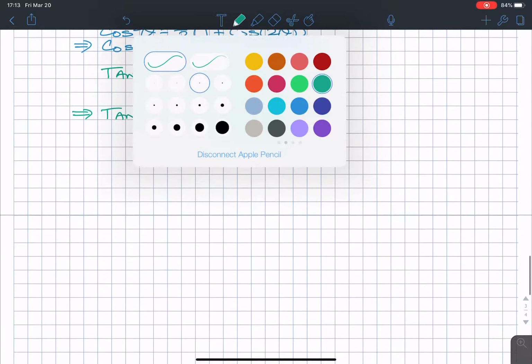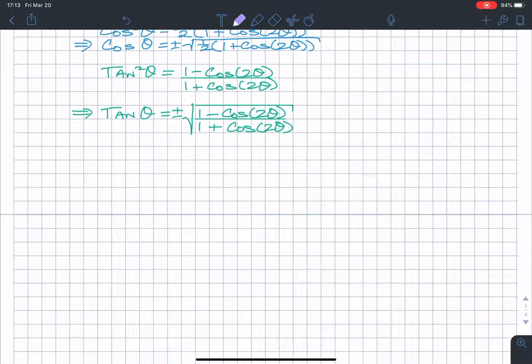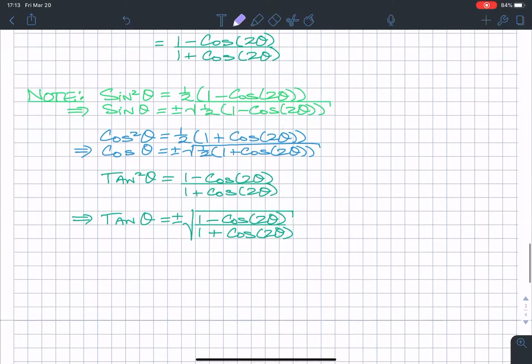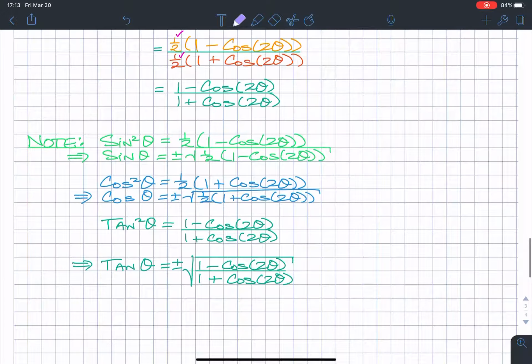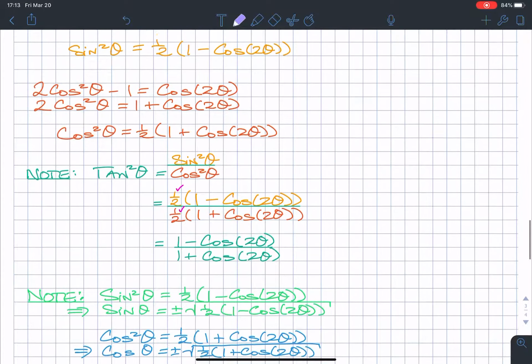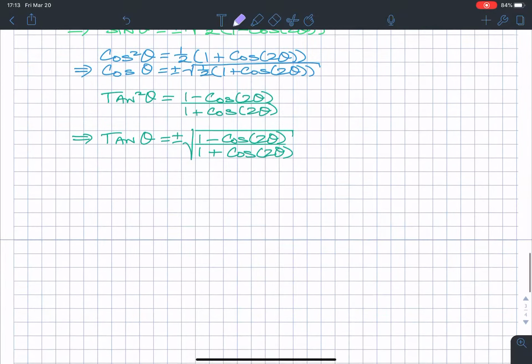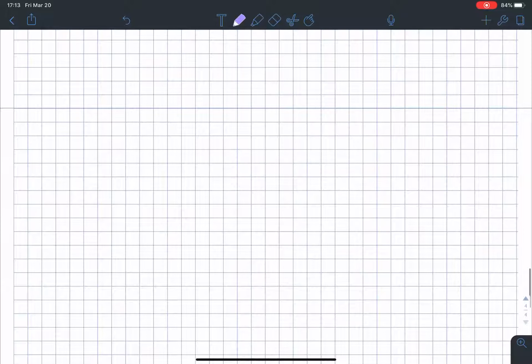These are the half angle formulas, so let me state them formally. Or actually, before I do that, let me state where before I took the square root. Yeah, let's state the power reduction formulas.